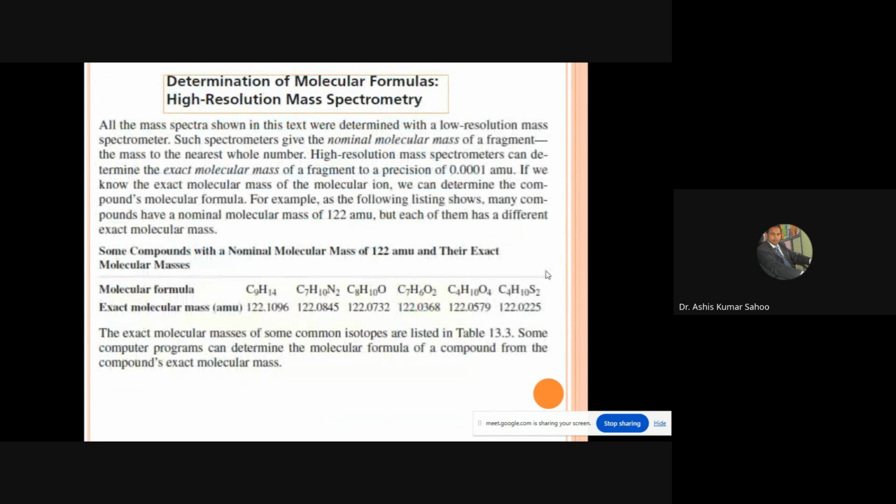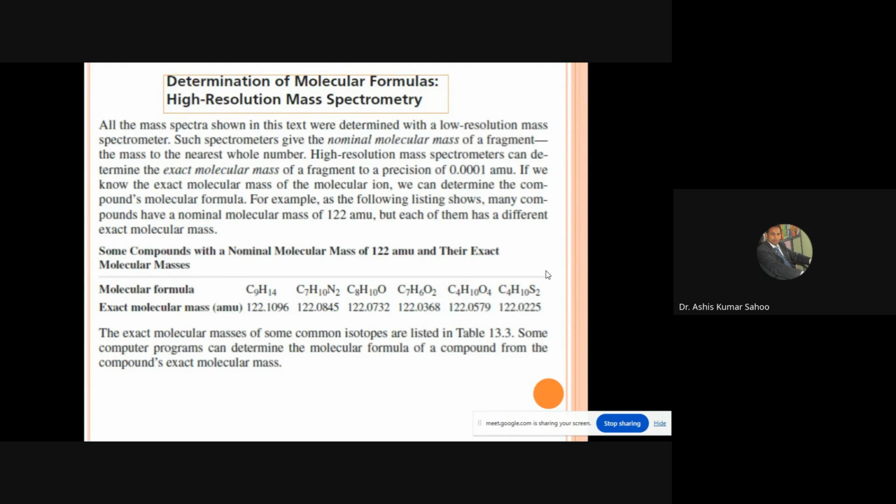To determine the molecular mass or molecular formula, high resolution mass spectroscopy is required. All the mass spectra shown in the text were determined with a low resolution mass spectrometer. The spectrometer gives the nominal molecular mass of a fragment to the nearest whole number.